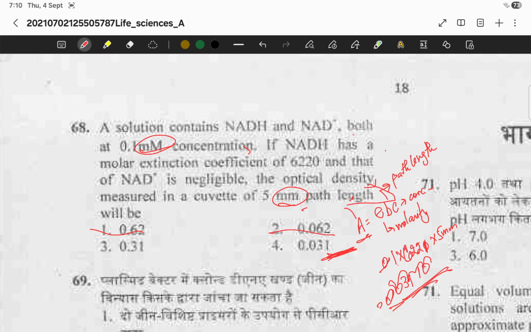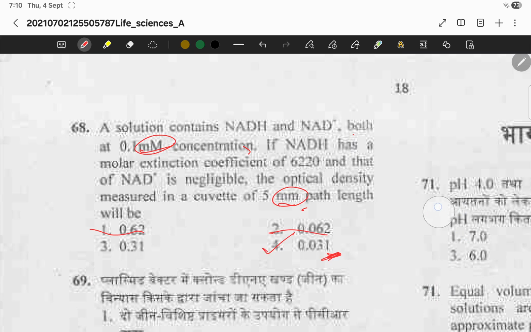Oh dear Lord. I'll just go for the fourth option. I don't know.